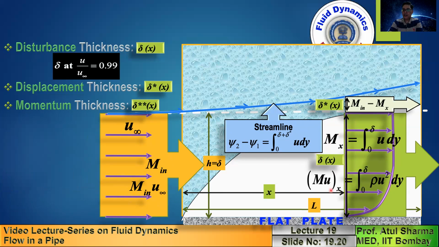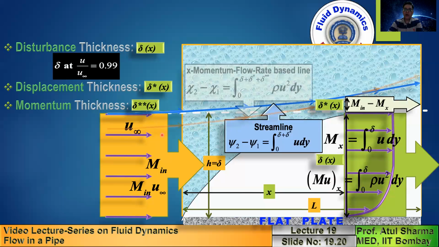Now at this location, the mass flow rate is given by the integral of rho u dy, and the momentum flow rate is given by the integral of rho u square dy. As I mentioned earlier, for the same height, the mass flow rate is less compared to the inlet. Similarly, the x momentum flow rate is also less than the x momentum flow rate at the inlet.